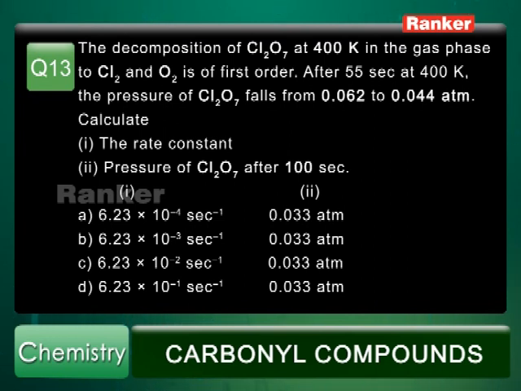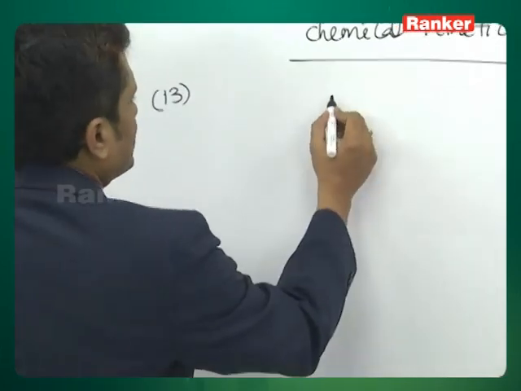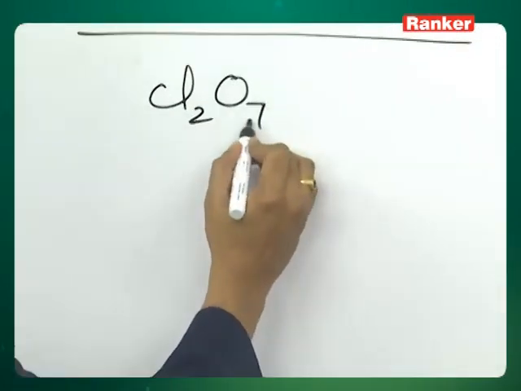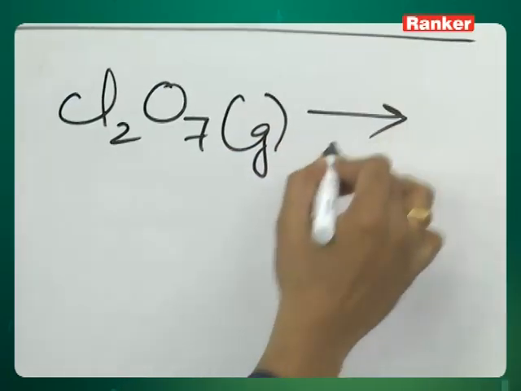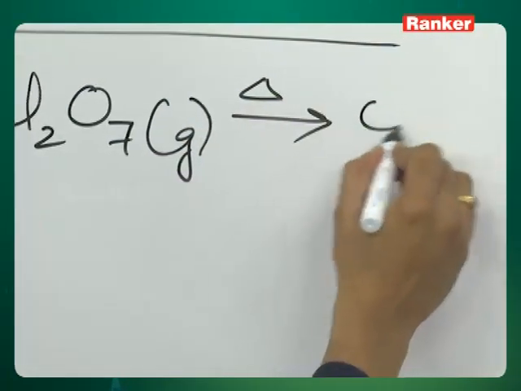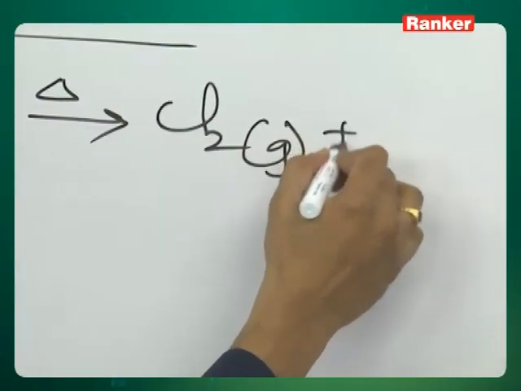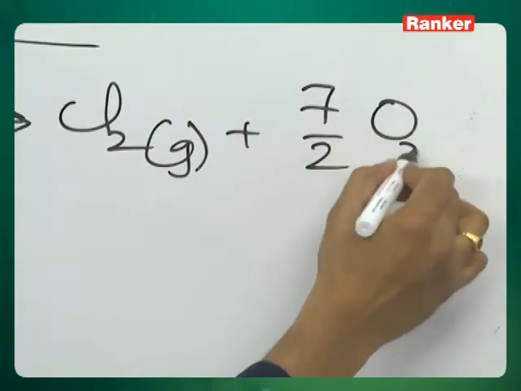So this question is based on the kinetics of the gas phase decomposition reaction, wherein you have been given Cl2O7, which upon thermal decomposition gives rise to Cl2 and O2.